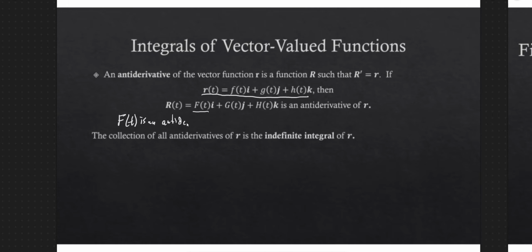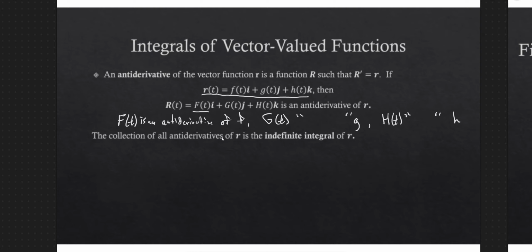Remember, there's lots of different antiderivatives. Big F is an antiderivative of little f, big G of t is an antiderivative of little g, and big H of t is an antiderivative of little h. So if we can find antiderivatives for each of the component functions, then we can put them together to get the antiderivative of the full vector valued function.